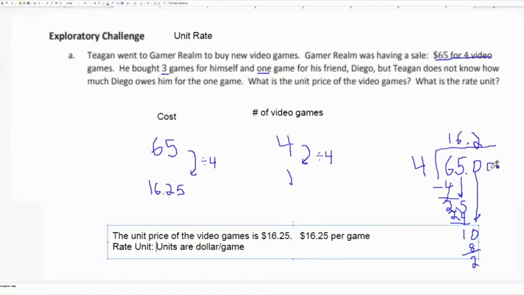We're talking about dollars, so we need at least one more 0. 4 goes into 20 5 times, and 4 times 5 is 20. When we're doing the division, we want the 0 at the very bottom. Since we have the 0, this is where the $16.25 comes from.